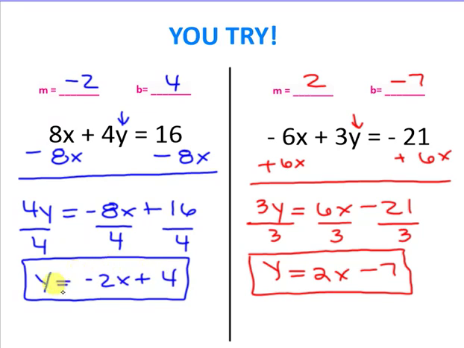So for this one, you should have gotten y equals negative 2x plus 4. So your slope is negative 2, your y-intercept is 4. And for this one, you should have gotten y equals 2x minus 7. So your slope is 2 and your y-intercept is 7.